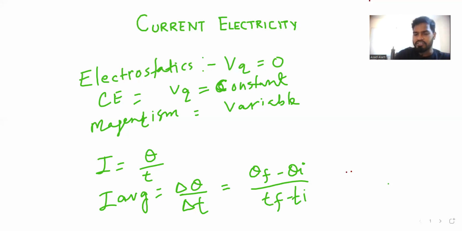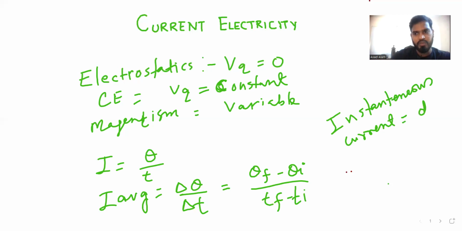Second thing is instantaneous current. There it is going to be dq by dt.